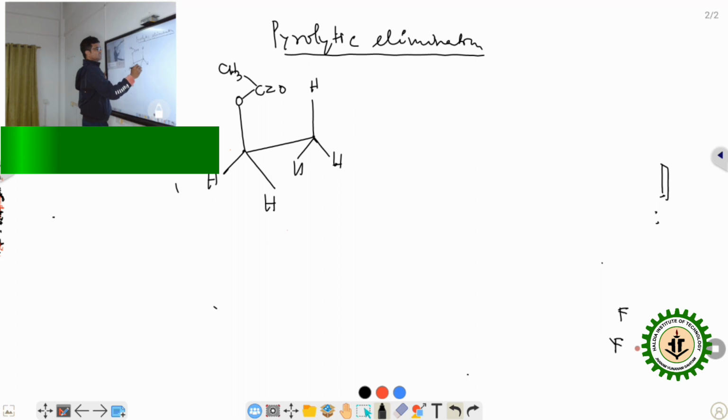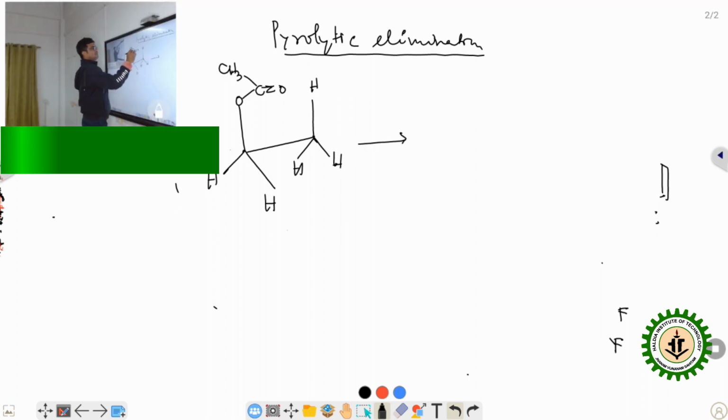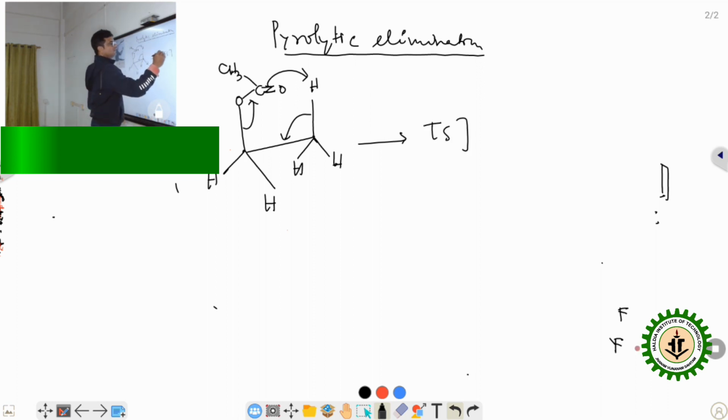The reaction proceeds through a cyclic intermediate, a cyclic transition state will be formed. After that, what alkene will be produced here?